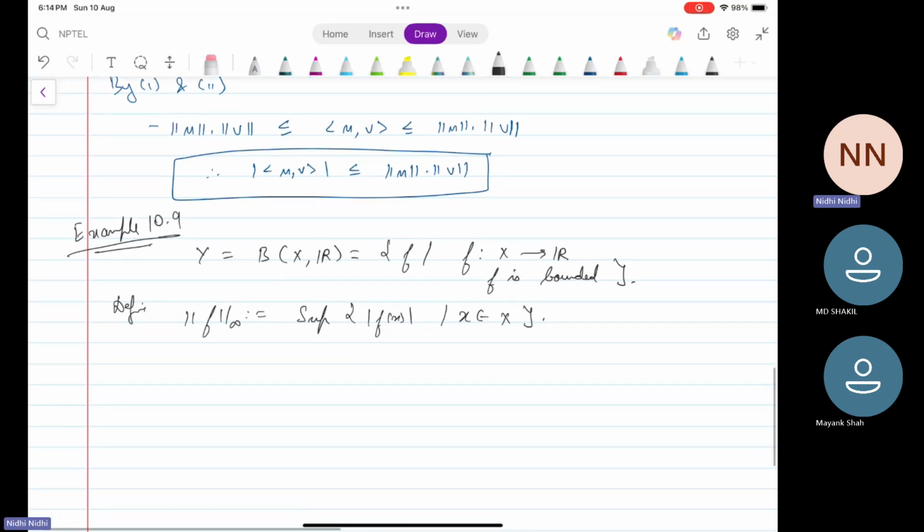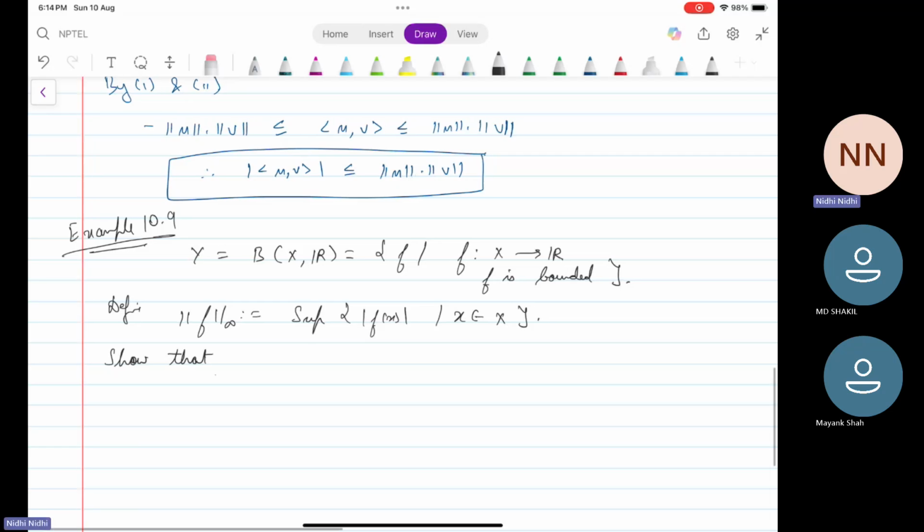We need to show that for the product fg, this is the product, not the composition, the norm of fg is less than or equal to norm f times norm g for every f, g in the space.